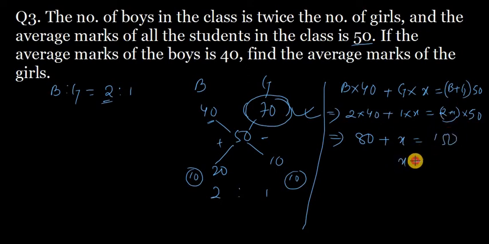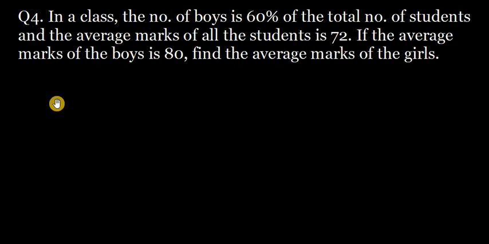So x is equal to 150 minus 80, which is 70. This is the average marks of the girls. Next question.